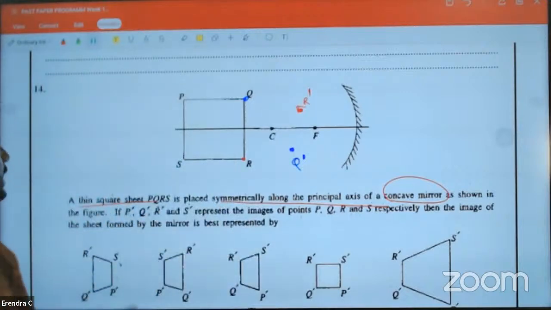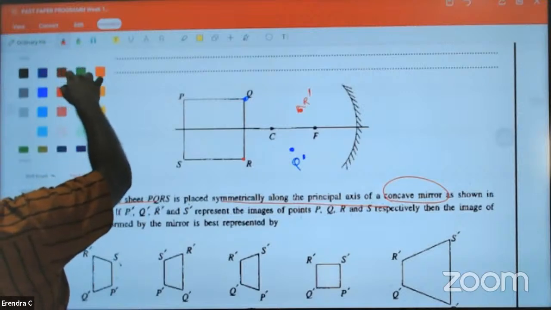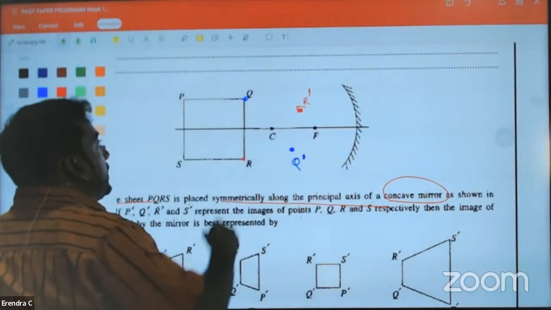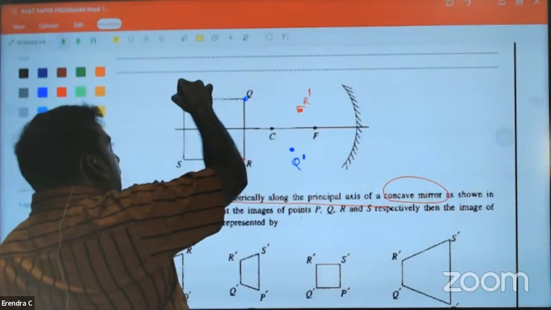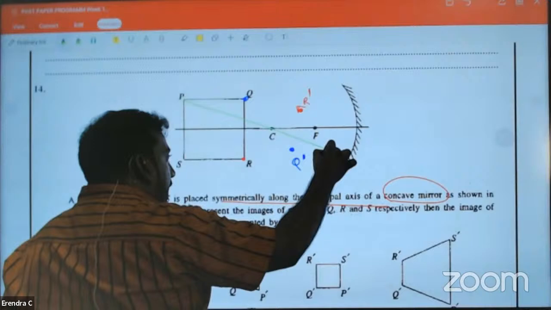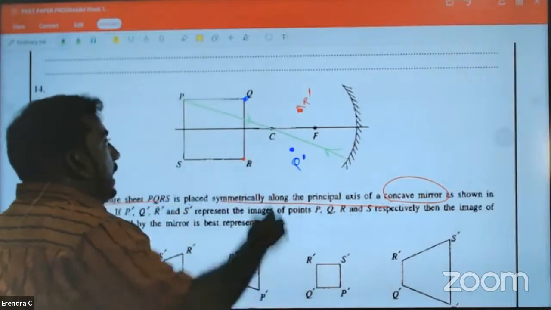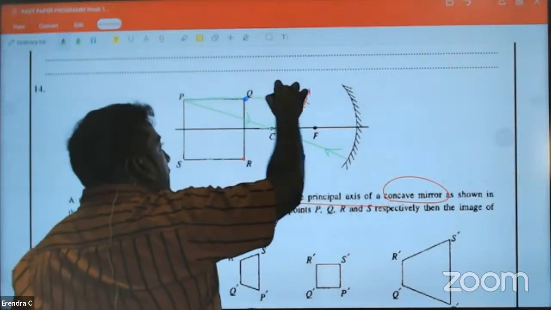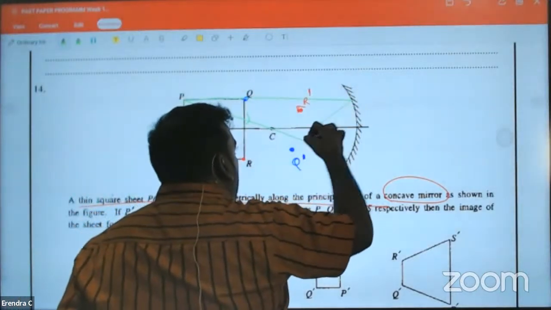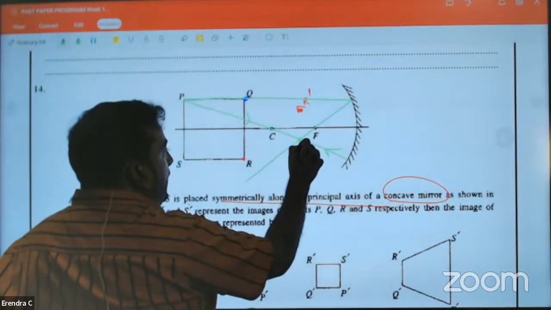Let me draw now again for P. Light rays going through the optical center will travel back along the same path. Light rays which are parallel to the principal axis will go through the focal. Here you will get P dash.